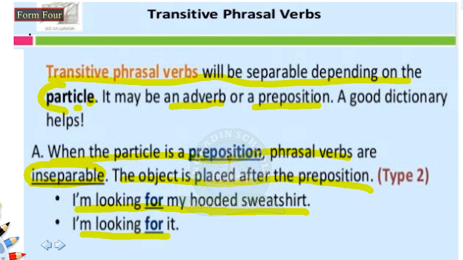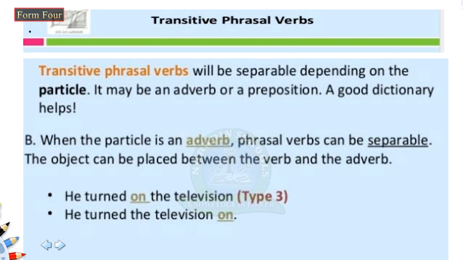It's correct to say, I am looking for my heated sweatshirt. So for is a preposition, not an adverb, because the particle is either an adverb or a preposition.